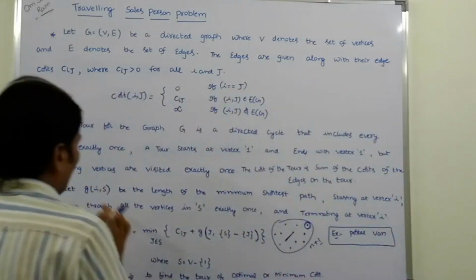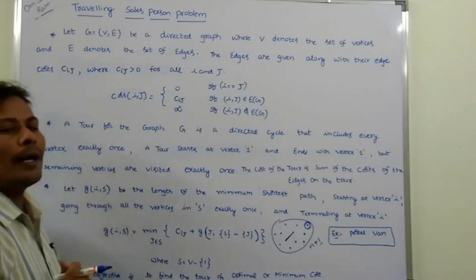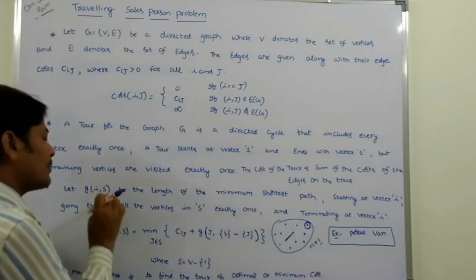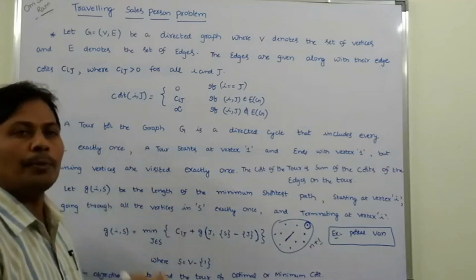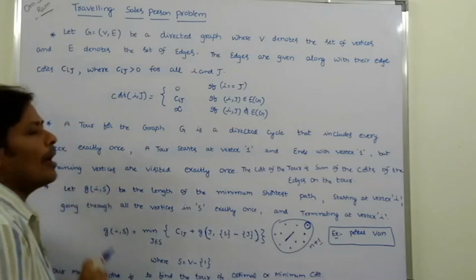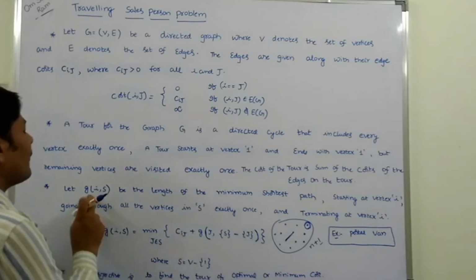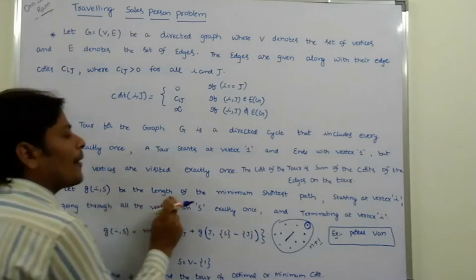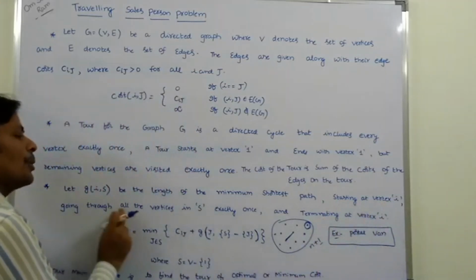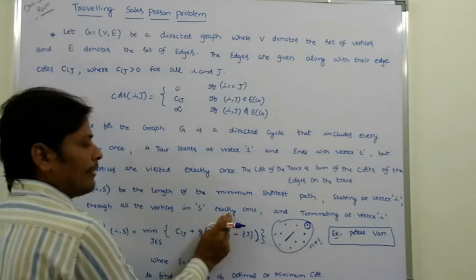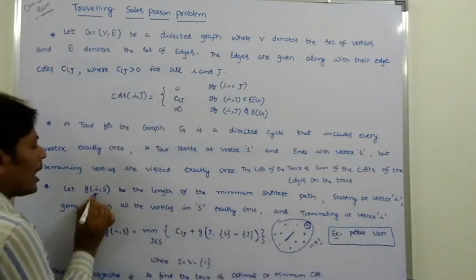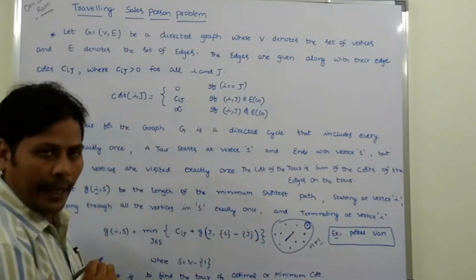So here let G(i, S). i is the starting vertex. S means the vertices to be visited exactly once before finally reaching the starting vertex. So G(i, S) is the length of the minimum shortest path starting at vertex i, going through all the vertices exactly once and terminating at vertex i. So the starting and ending vertex are both the same.